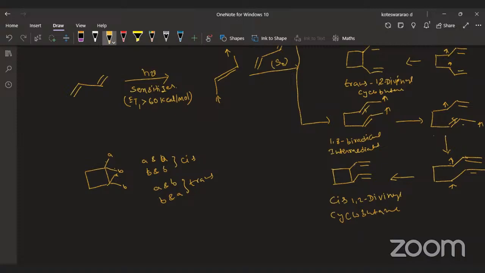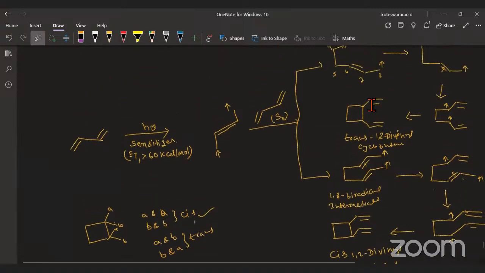Now here, these two bonds are above the plane. Suppose the 4-member ring is within the plane. These two bonds are above the plane, both on the same side. Look here, the A and A bonds, both are cis. In the previous one, this bond is the A type bond and this one is the B type bond.